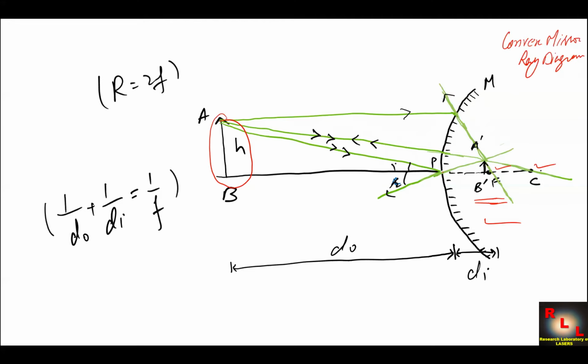The first line is drawn exactly parallel to the parallel axis all the way to the reflecting surface, and it's reflected.